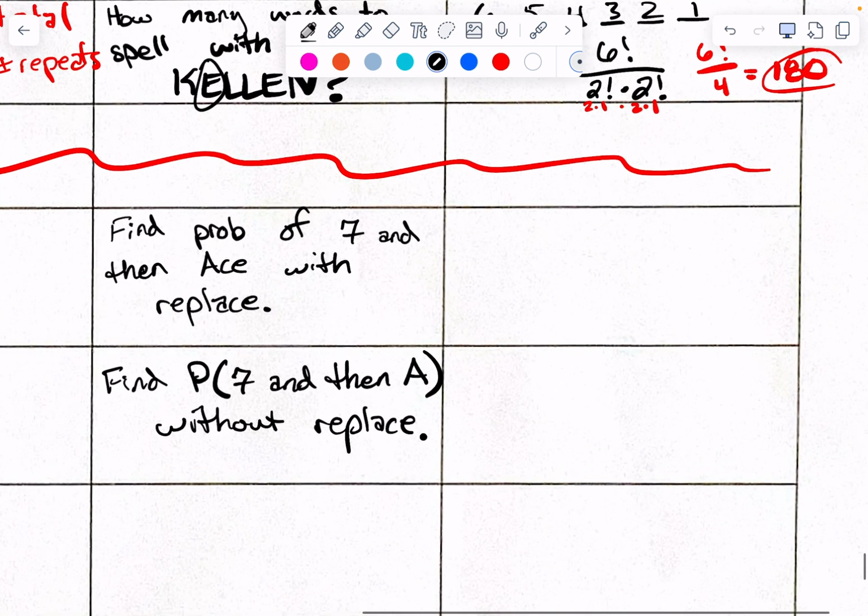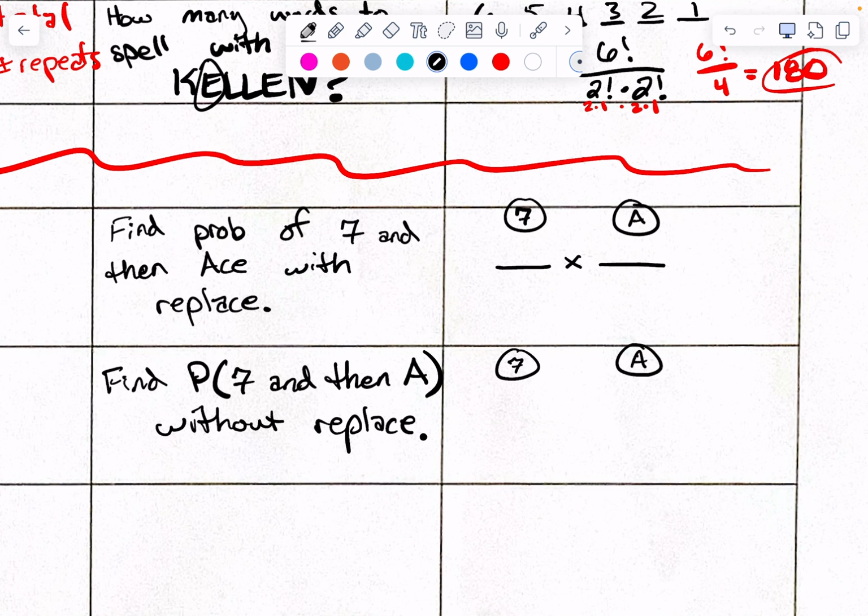We'll do these at the same time. I want a 7 here, and I want an ace here.